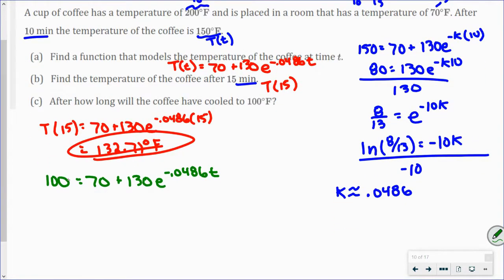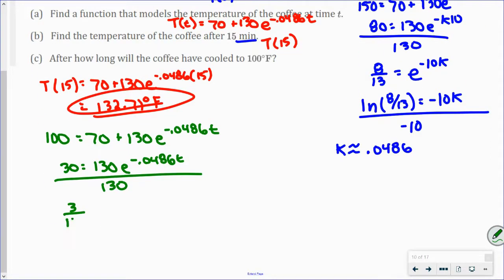So we're going to subtract 70, so we get 30 equals 130 e to the minus 0.0486 T. Divide by 130, and you get 3/13 equals e to the minus 0.0486 T. Get it out of exponential, so you want the ln of 3/13 equals negative 0.0486 T.